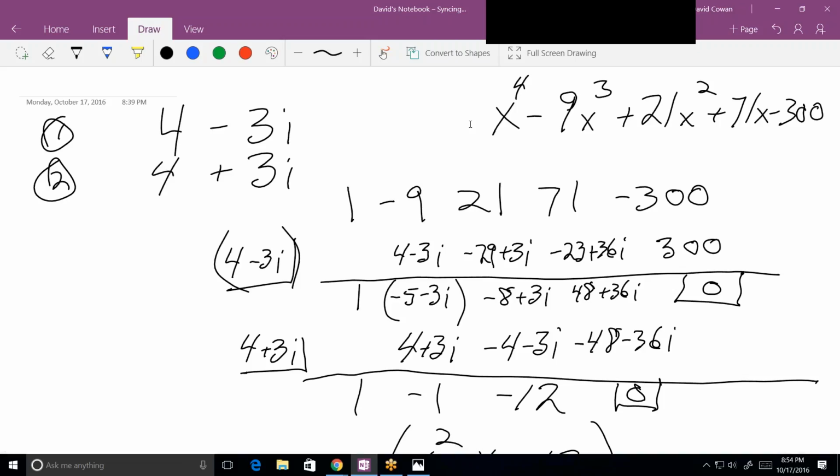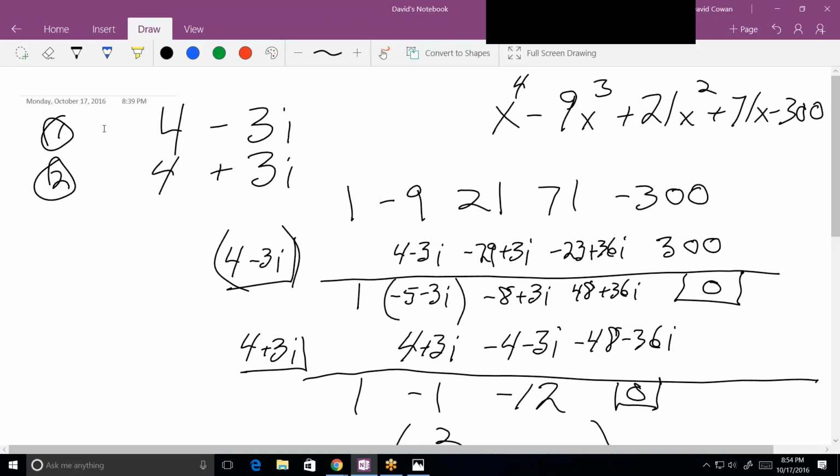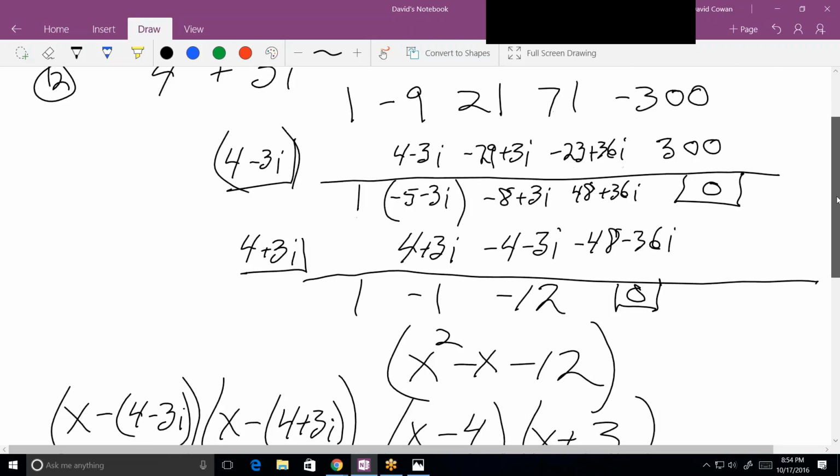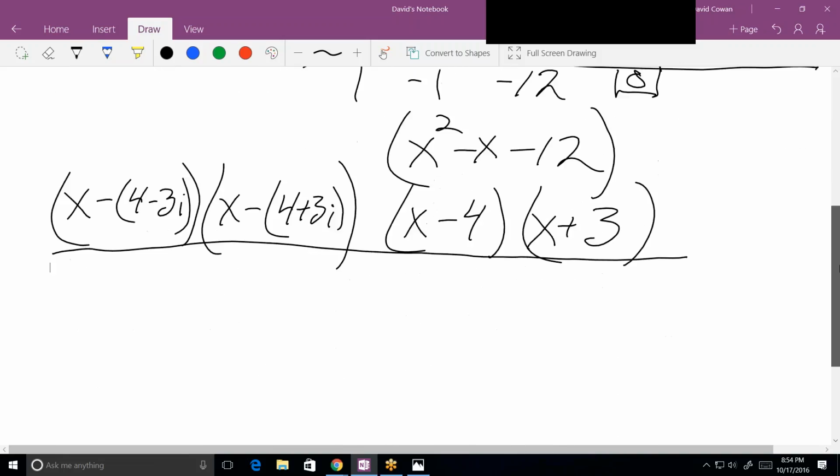I'm not sure I can do that synthetically, but you can do it with long division. You'd still come up with this other quadratic. In other words, if I multiplied x minus that times x minus that, I'd come up with a quadratic that when I divided it into this quartic, I would have x squared minus x minus 12 as the quotient.